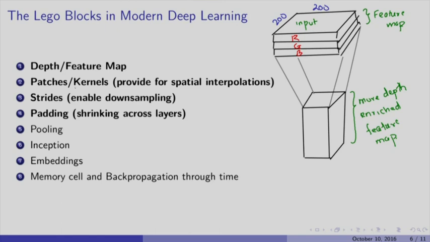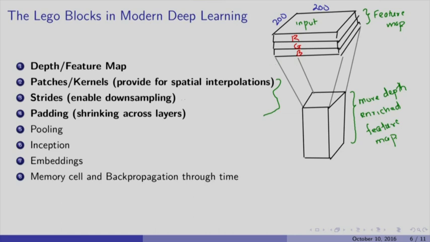So patches or kernels, they form one part of the funnel. They provide for spatial interpolations between the pixels in the input. Strides allow you to downsample and look at interesting properties that have been obtained through interpolation in the kernels.